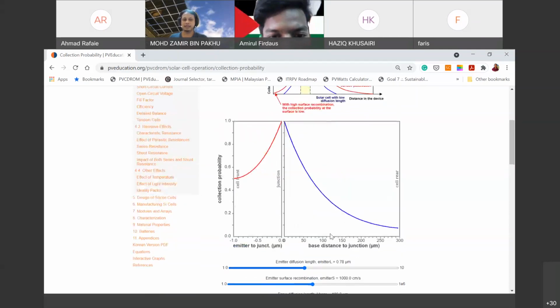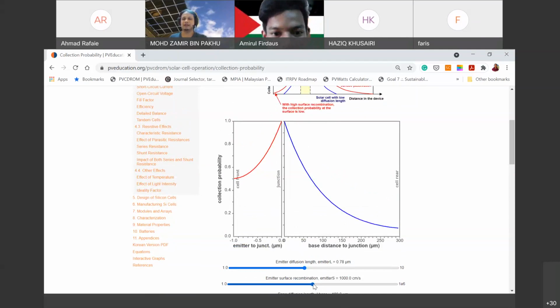So let's look at the emitter surface recombination velocity, SRV. This is emitter SRV. You can look at the unit there, centimeter per second. So if you increase your SRV, what do you think will happen to the red curve? Will it increase or decrease? I can see your mouth, but I couldn't hear you.